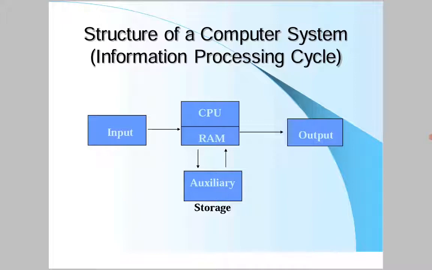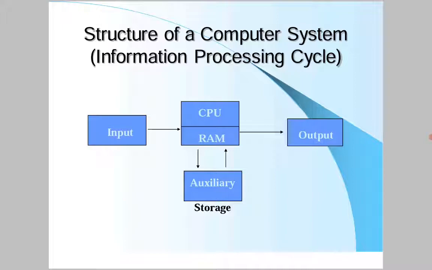And the CPU, or central processing unit, generally contains a processor, some RAM or main memory, and another unit called the ALU, arithmetic logic unit, along with some temporary registers and a control unit.